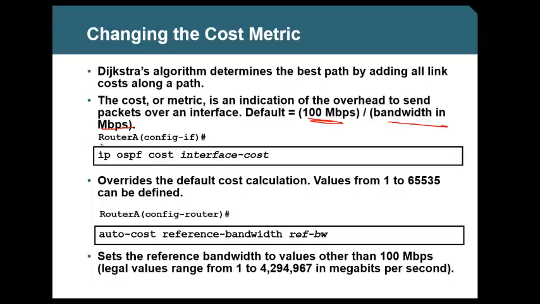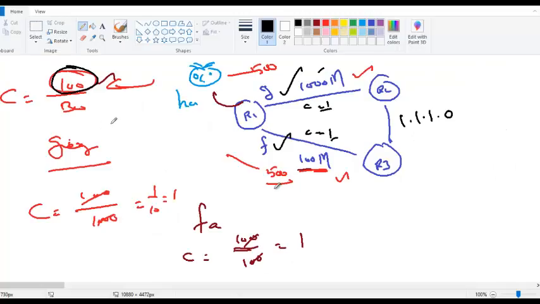So if you are depending on dynamic bandwidth calculation, you have to face this issue. When you have any link more than 100 meg, OSPF cannot do fine justification.